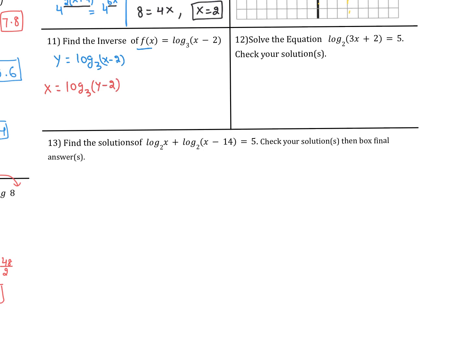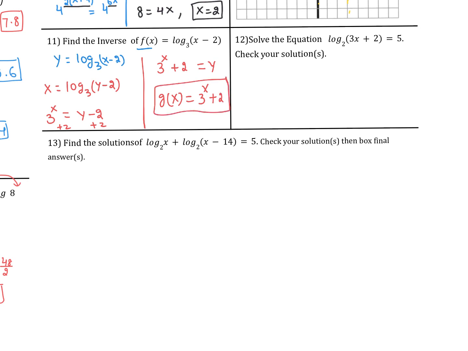So you're going to change this into exponential form. 3 to the power x equals y minus 2, plus 2 on both sides. You got 3 to the power x plus 2 equals y. You can change that y as g(x), and that's going to be the inverse of the given logarithmic function.